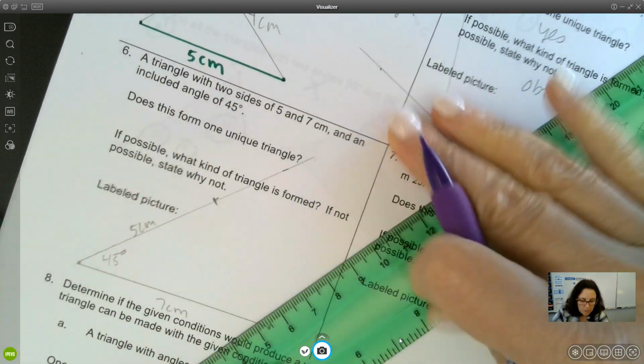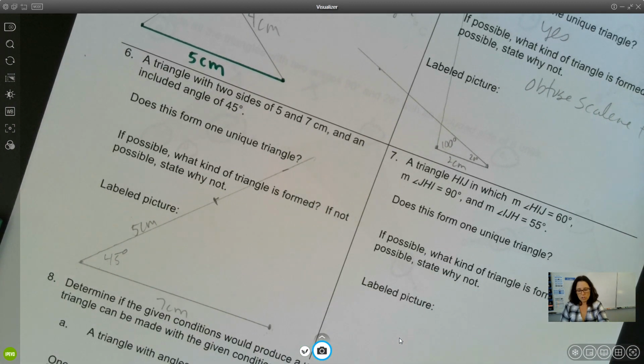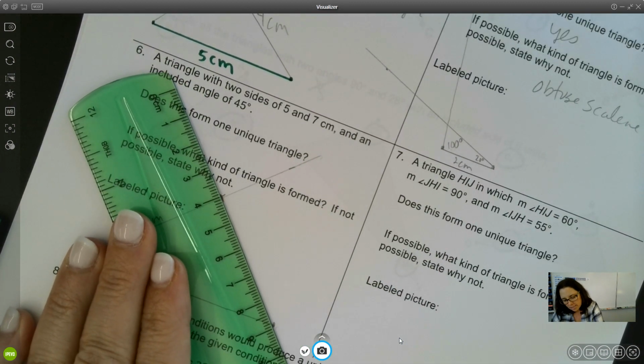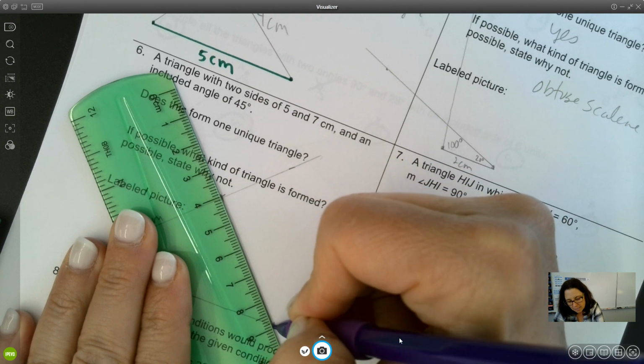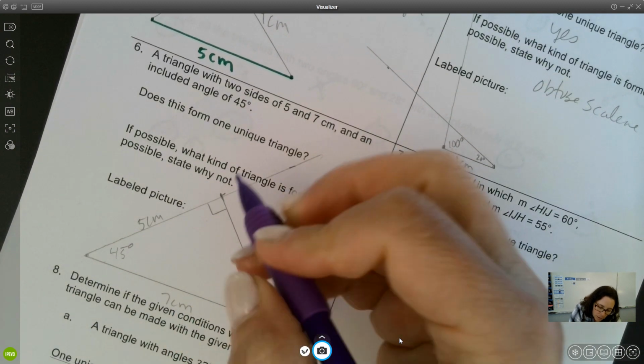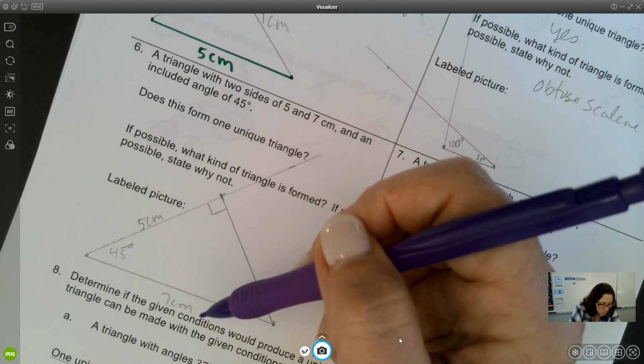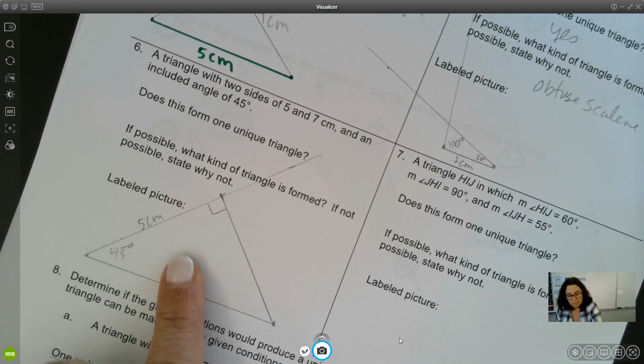5 centimeters. Now, do you think if you made this triangle also, it would be the exact same thing? Yes, it would be. All right, if I measured these, this would come out to be 90 degrees, and these look the same. 5 centimeters.